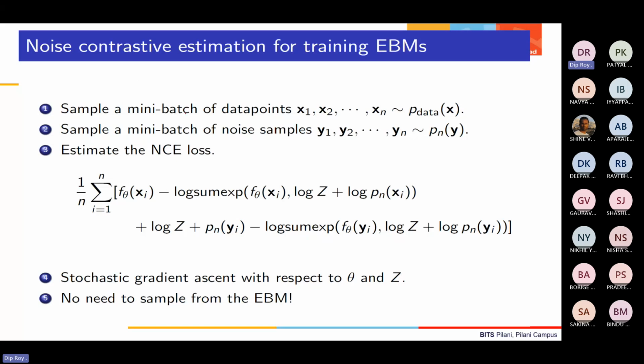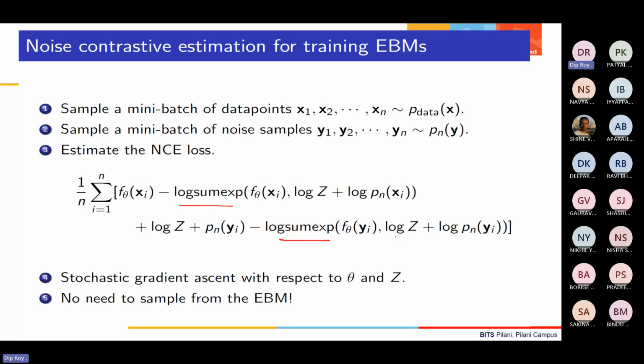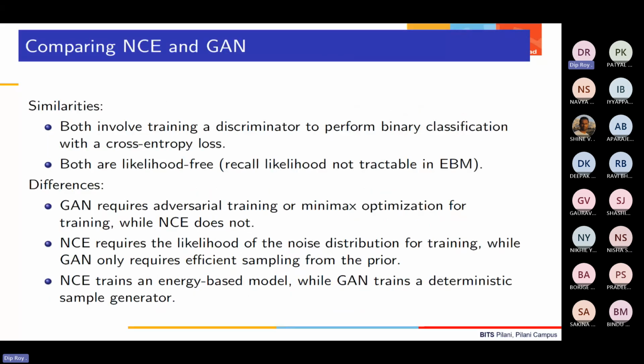You take a mini batch from data points, a mini batch from samples, and then you use this particular functional form. Note that this functional form has a log sum, because they have converted this for numerical stability into a log sum. You don't need to know this, but if you are interested, you can go through it.